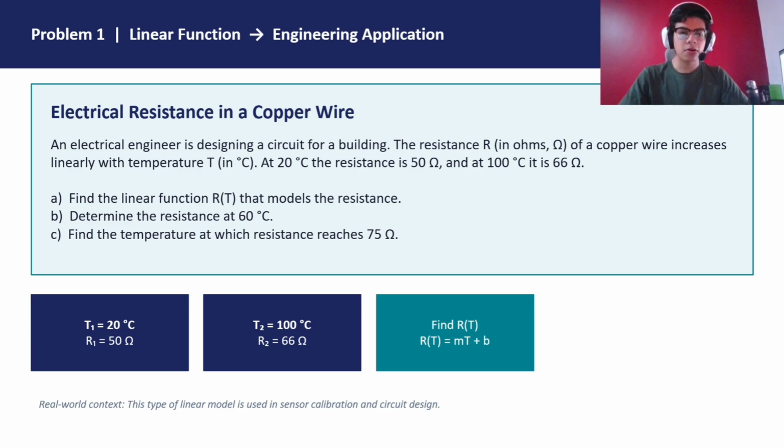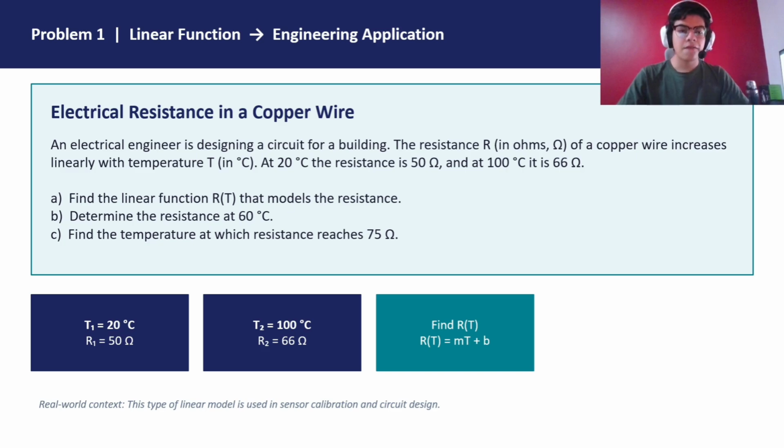We have three options, A, B, C. For the first, A, it says find the linear function R of T that models the resistance. B, determine the resistance at 16 Celsius.